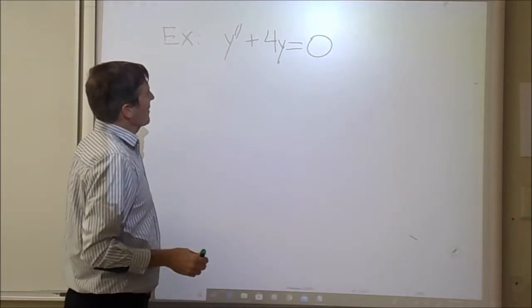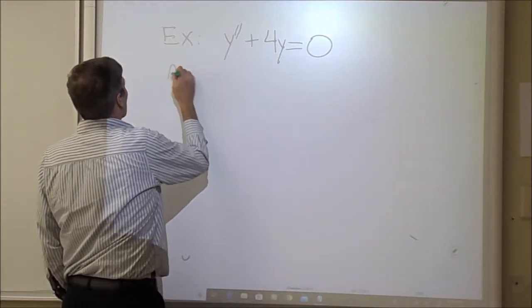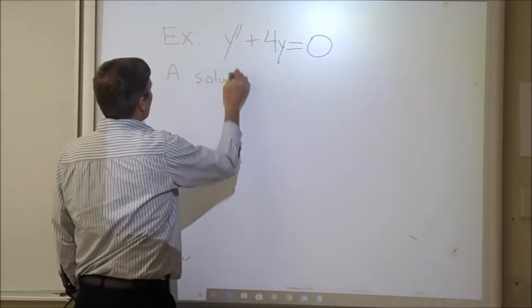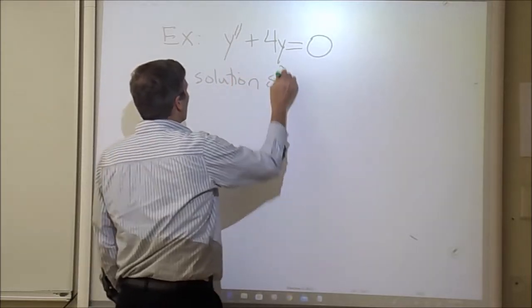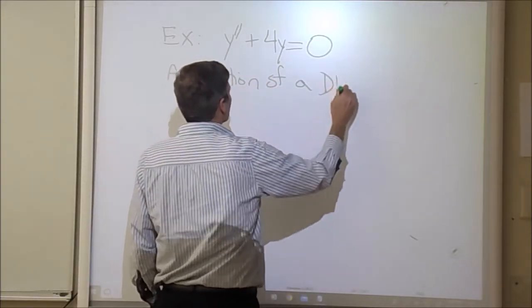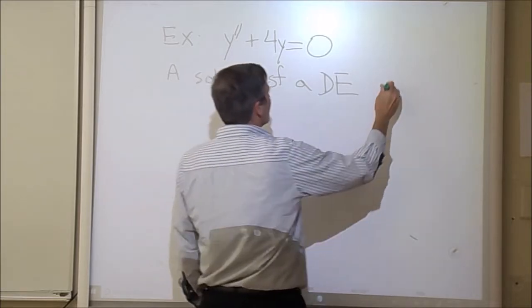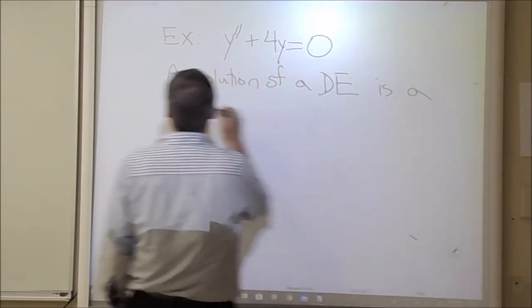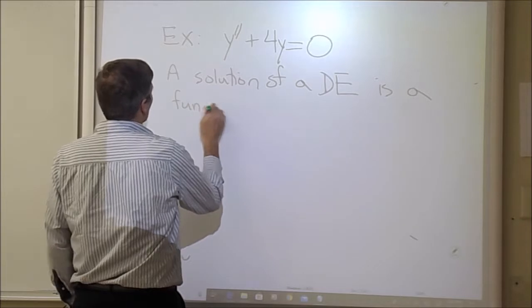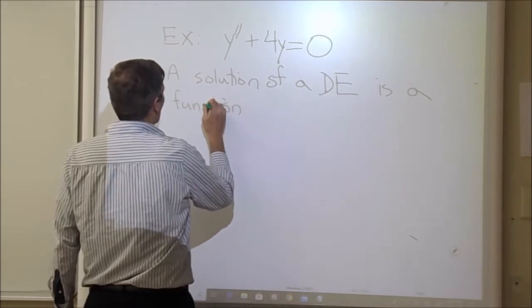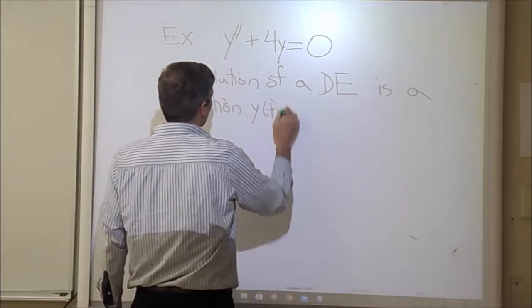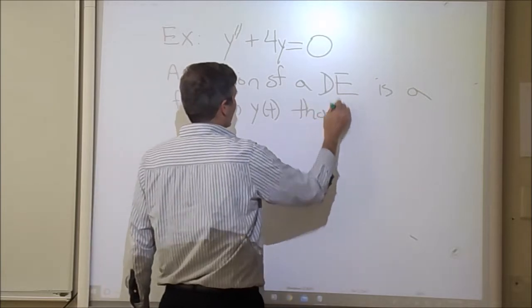How can we test if something's a solution? A solution of a differential equation, I'll write DE for short, long pair of words, is a function y of t that satisfies the equation, that's all.